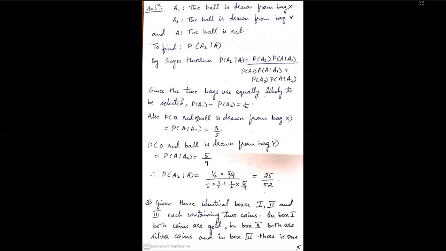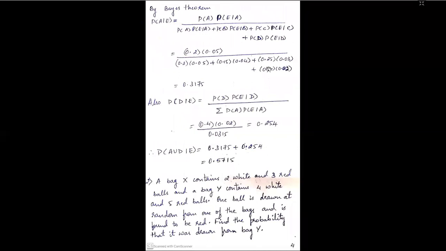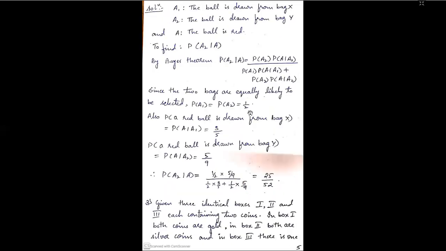Now, what is the probability that a red ball is drawn from bag X? In bag X, there are 2 white and 3 red. What is the probability of drawing one red ball? Totally there are 5 balls, and drawing a red ball is given as 3 by 5.